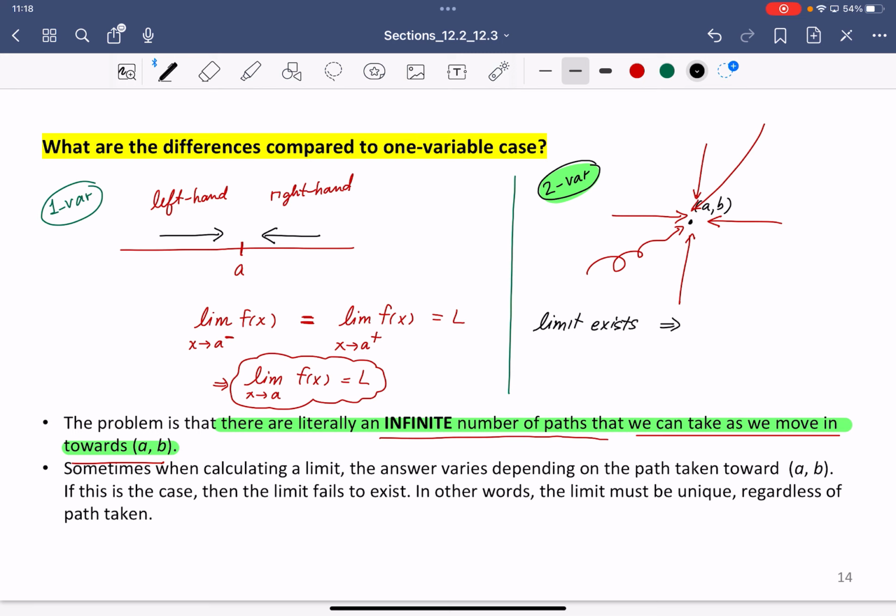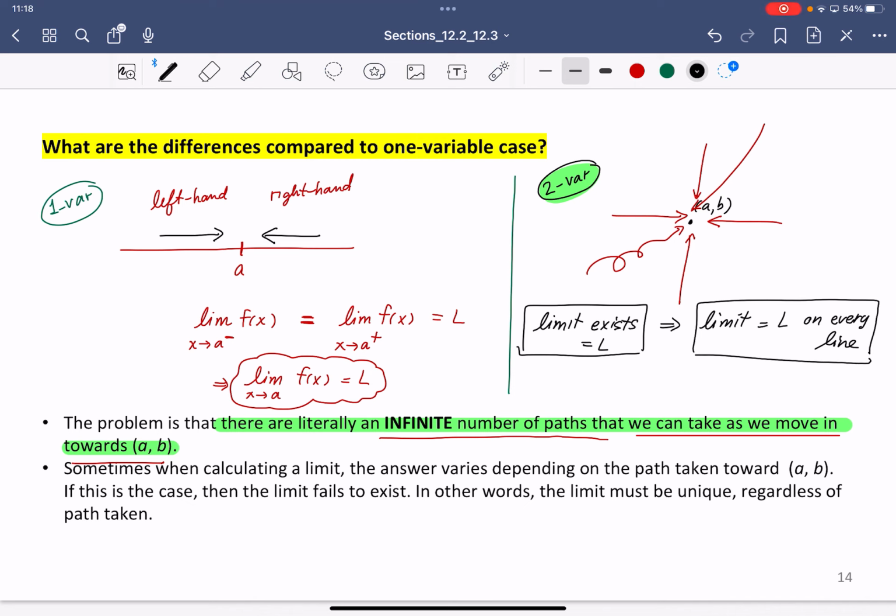If the limit exists and equals L, it means that the limit equals L on every single line.